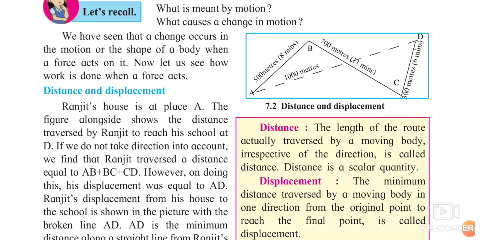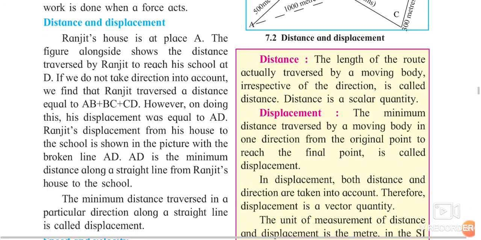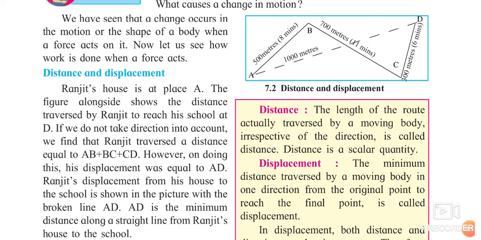But if we go directly by the shortcut from A to D, the dotted line, he will only travel 1000 meters. So this is the minimum distance required for going to school. He can travel from A to D with the help of B and C, but if he wants to travel the minimum distance, he is supposed to go from A to D.